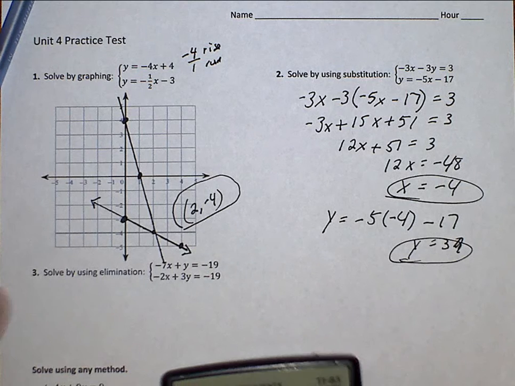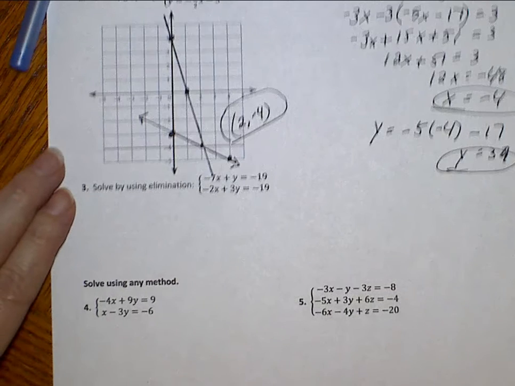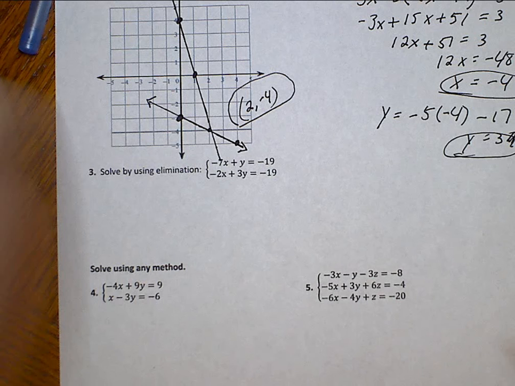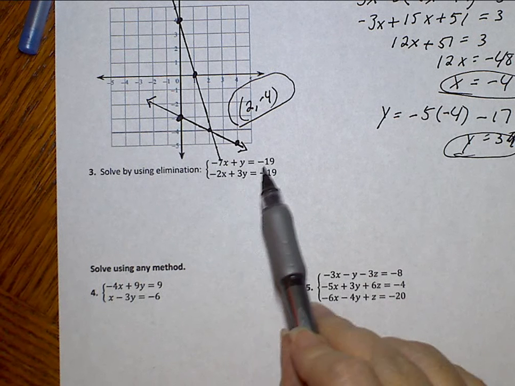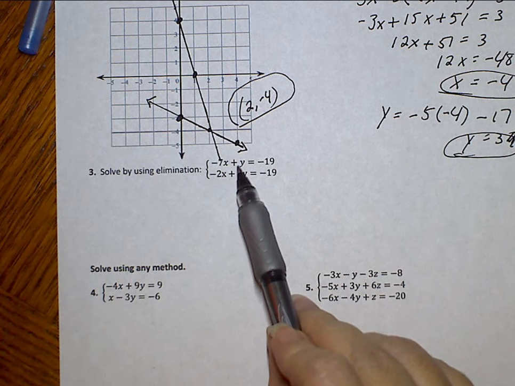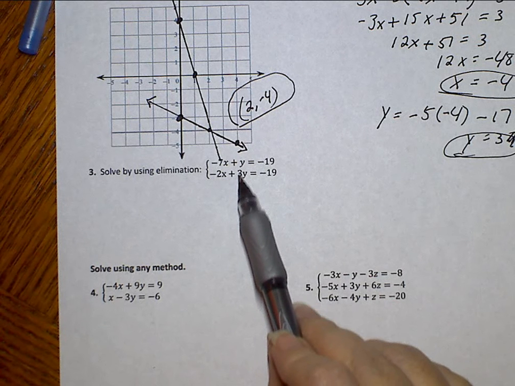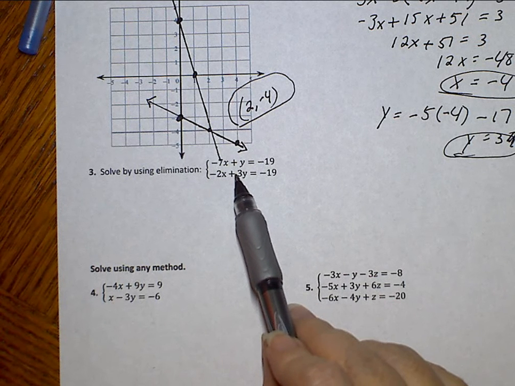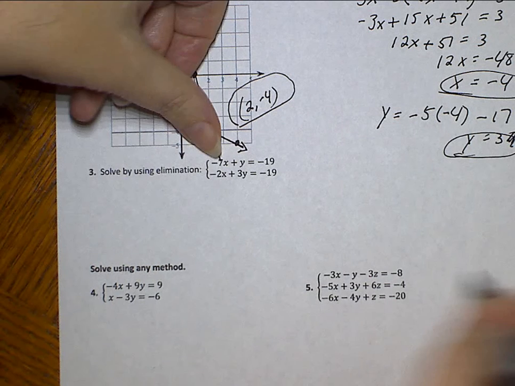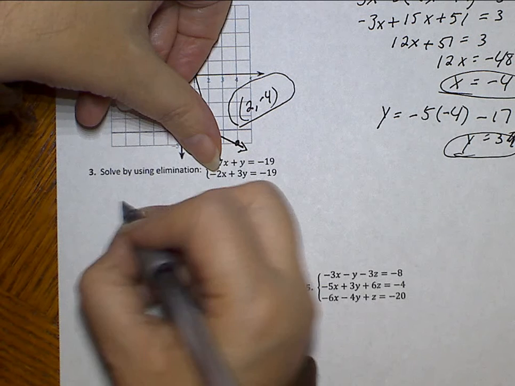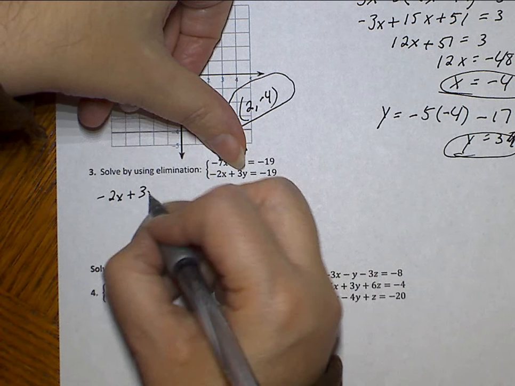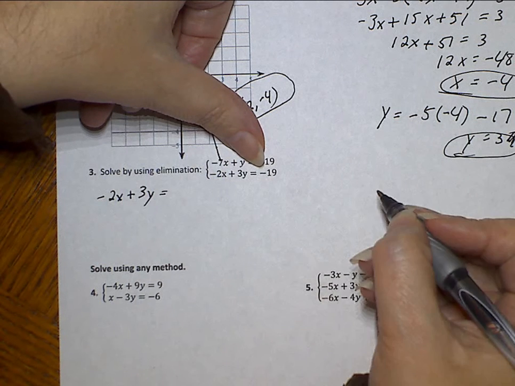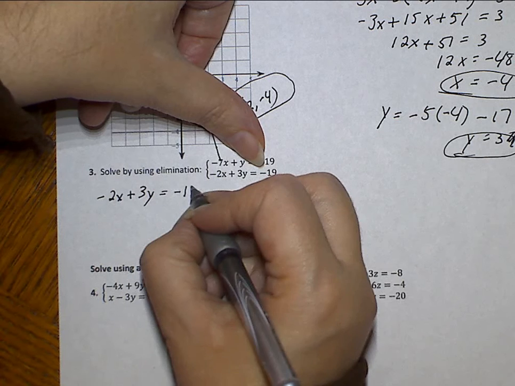Alright, solve by elimination. So I have to look at this and say, what can I multiply the top and bottom by to get rid of one? Well, I can see this is just plain old y, so I'm going to multiply that one by a negative 3. So I'm going to bring this top down. So I have negative 2x plus 3y is equal to a negative 19.